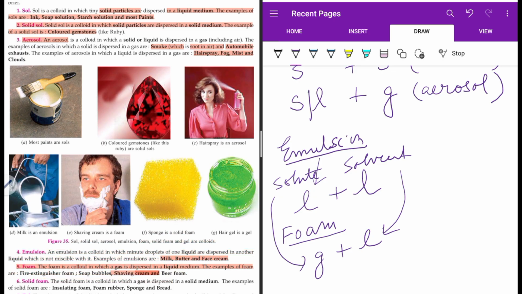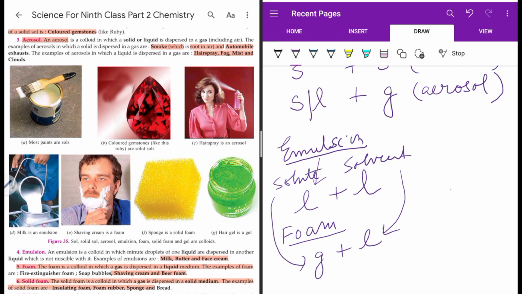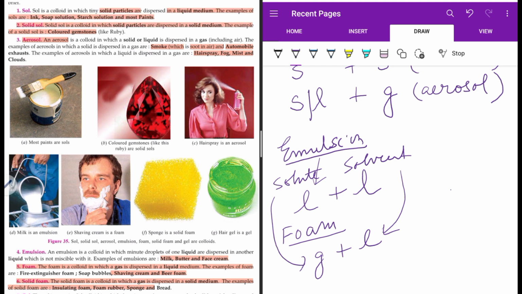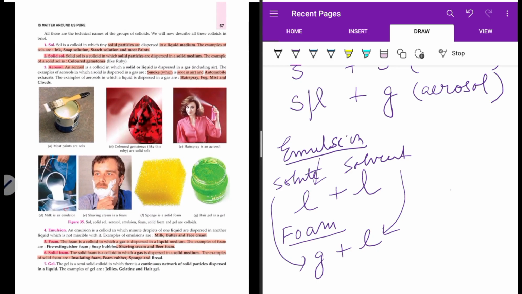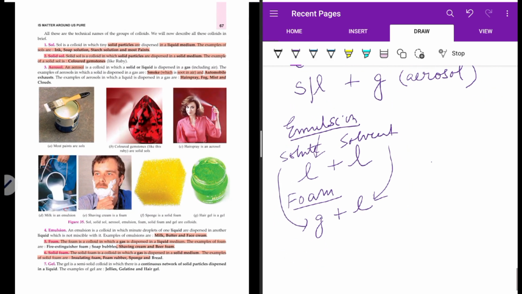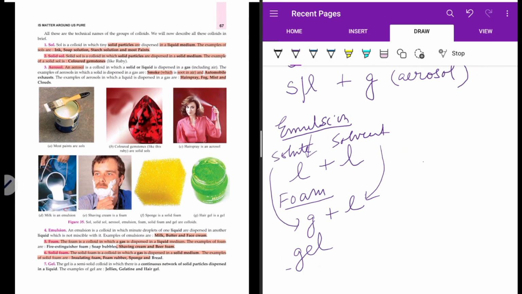Gel means a semi-solid colloid in which a continuous network of solid or semi-solid is dispersed in a liquid. That is known as gel. So a gel is a solid dispersed in a liquid. So a solid solute dispersed in a liquid solvent forms a gel.